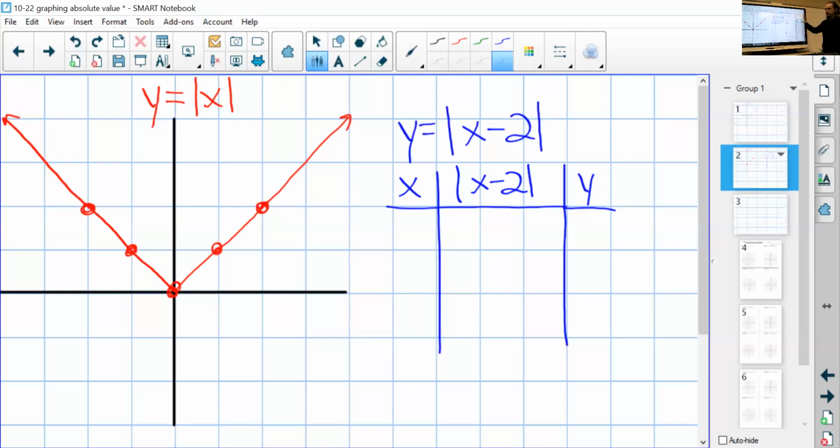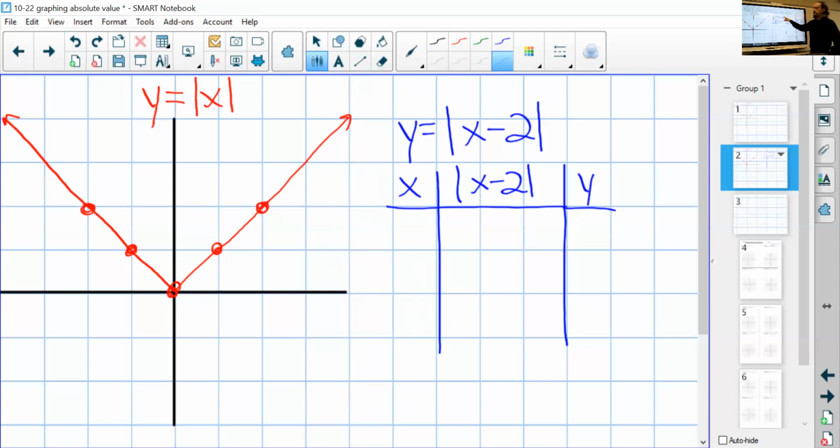When we pick our points here, this is a big deal, because we see how there's a vertex, just like when you did parabolas. There's this minimum or maximum point, which for today is always going to be the minimum. And that's where the value inside the absolute value bars is 0. So that's a point we're looking for.